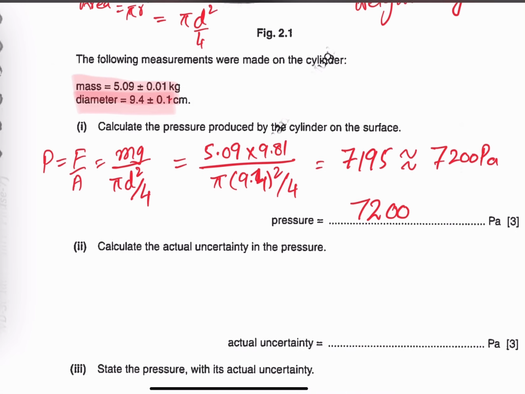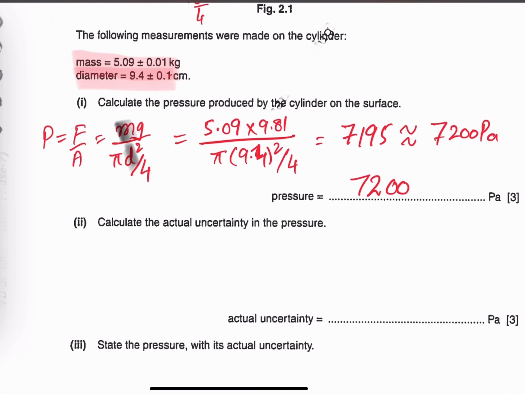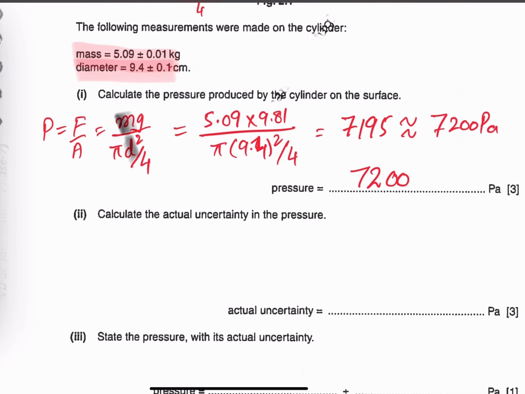Calculate the actual uncertainty in the pressure. For finding the actual uncertainty, first we have to find the percentage uncertainty, because the mass and d are multiplied and divided with each other.